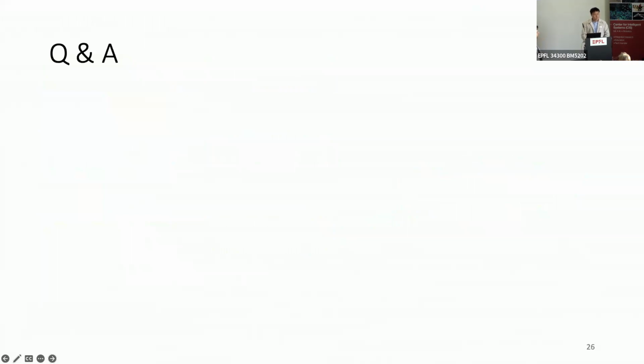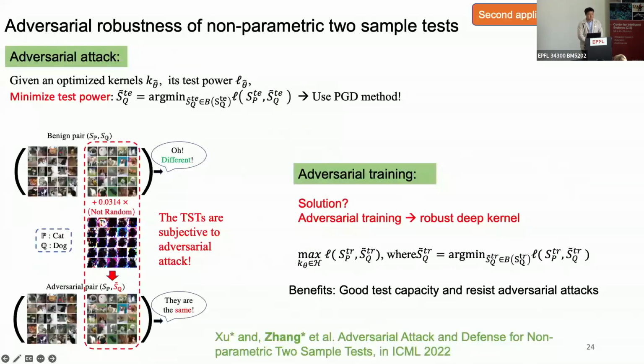I really liked this evaluation of, let's say, the two-sample tests and their adversarial robustness. So you mentioned that you could robustify, and there you said that you train a robust kernel.